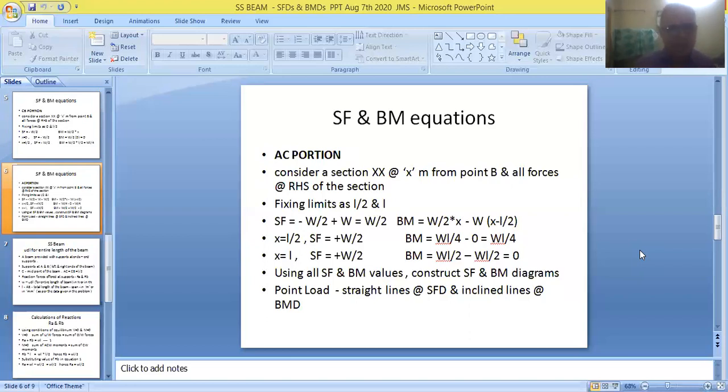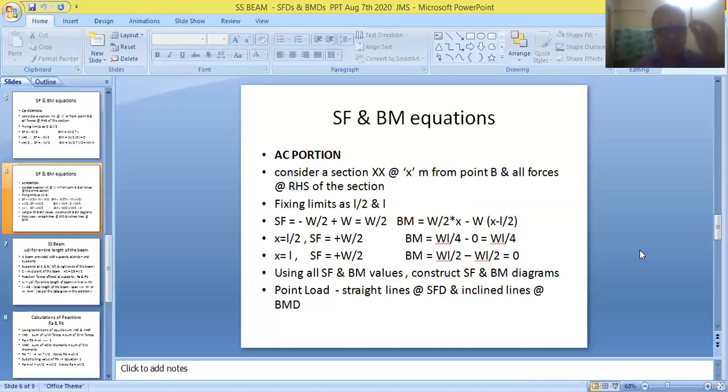And the limits are fixed as L by 2 and L. The lower limit has to be fixed as L by 2 because it is at a distance of L by 2 from point B. The upper limit naturally has to be fixed as L, so it is at a distance of L meter from point B. So we are fixing the limits. Now for writing the equation, as told in the previous slide, we have to consider all the forces acting on the right hand side of the section.